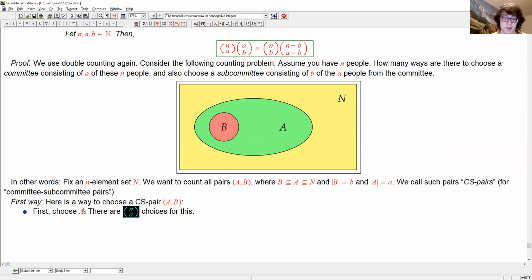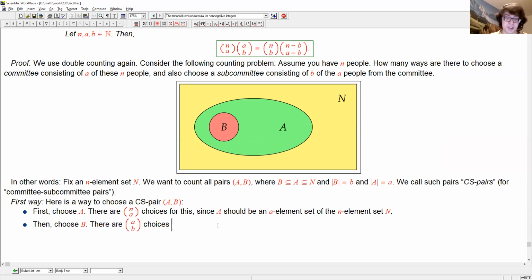So A should be an a-element subset of the fixed n-element set capital N. And then choose B. There are a choose b choices for this, since B should be a b-element subset of the a-element set A. And at this point, A is already fixed because we've chosen it in the previous step.